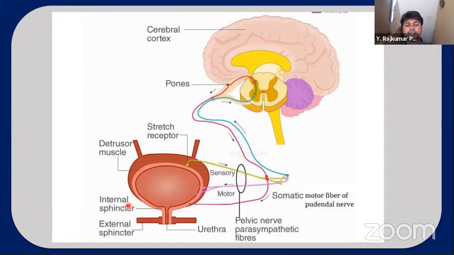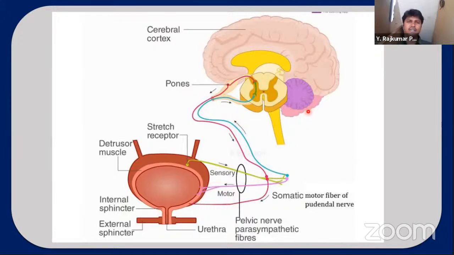The internal sphincter is involuntary, whereas the external sphincter is voluntary in its function. Okay? So this is how the urinary bladder has the connection with the brain, with the pons varoli, for the passing of the urine. That's why urination is under our control.